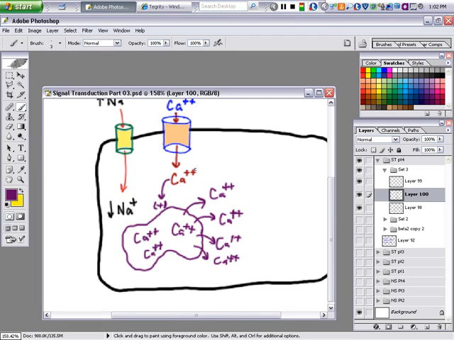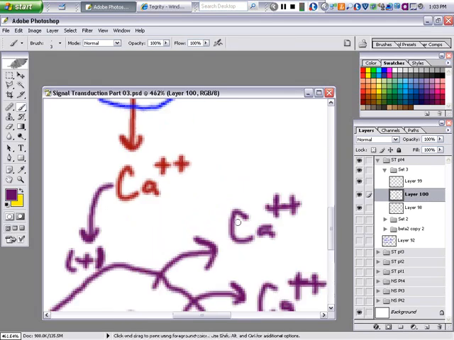And so the red calcium is going to trigger the release of the trapped calcium. And so we call the red calcium trigger calcium.